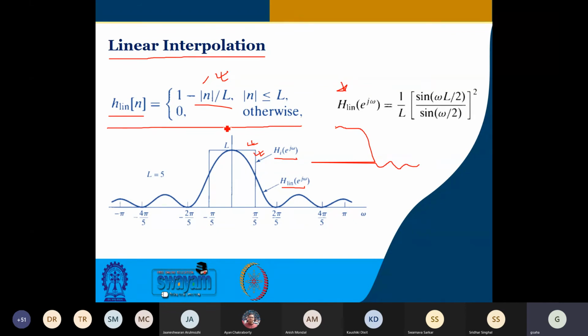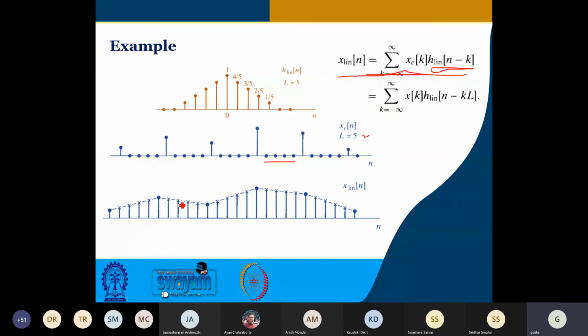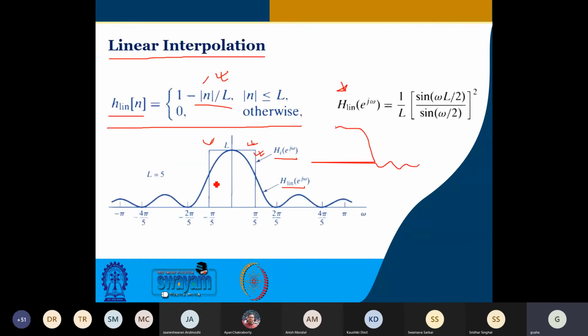This is not the only option. You can have a number of options, and the closer it is to the ideal, the better the approximation, or the interpolated values that you will get. It is not being suggested that you use linear interpolation only. This is one simple way of arriving at this.